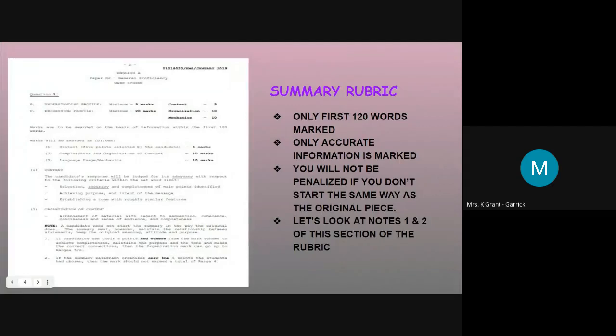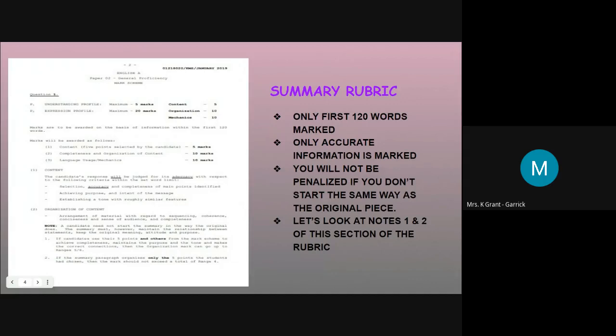Now, when you're doing the summary, you're actually going to be graded for your understanding, which is what you would have been presented with, the main points, which must be sentences, by the way. And then your expression, so how you put things together to convey your own understanding of the information will work towards your expression profile. And of course, you have your language use and mechanics, which amounts to another 10 marks.